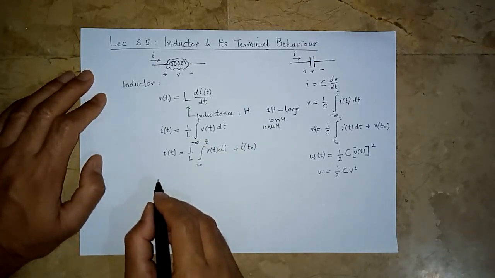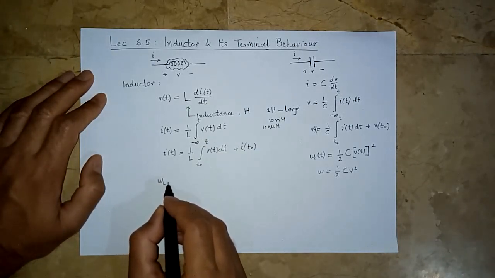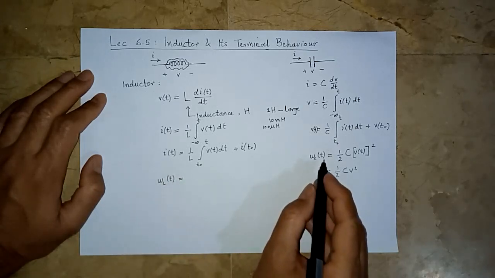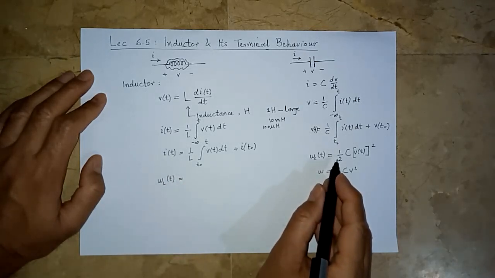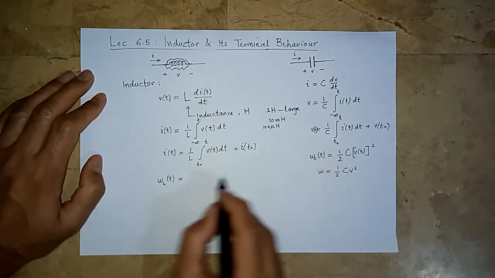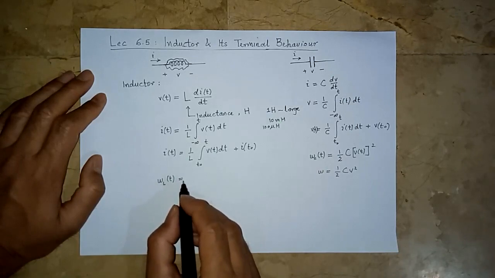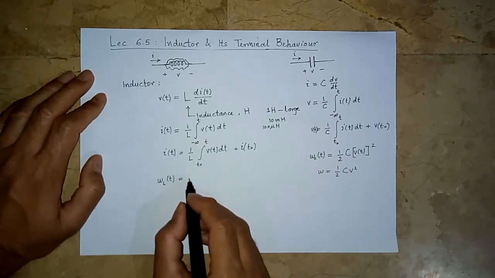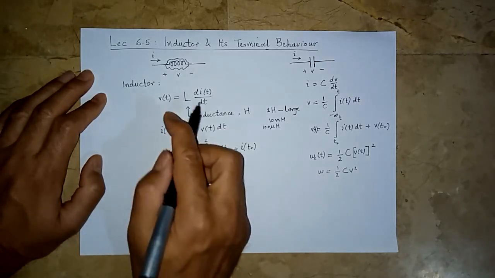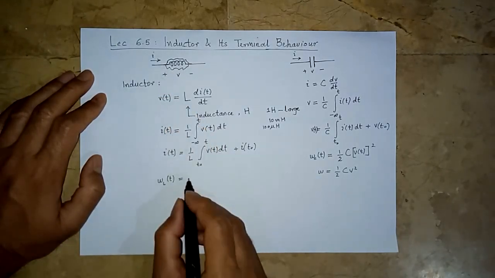And similarly, the energy contained inside the inductor, here the energy is contained in the electric field between the plates. Here the energy, we will later see, is contained in the magnetic field around the inductor, or say the magnetic field within the inductor.